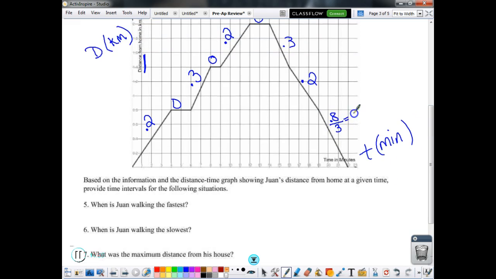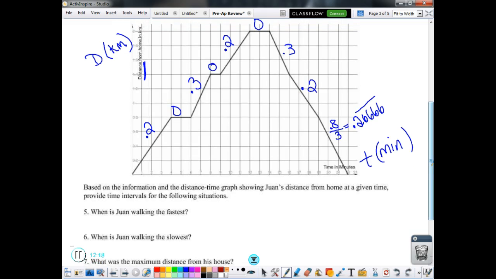Which equals 0.266666 repeating. So when is Juan walking the fastest? What is the fastest speed that he reaches? 0.3, right? So it's twice that he does that.